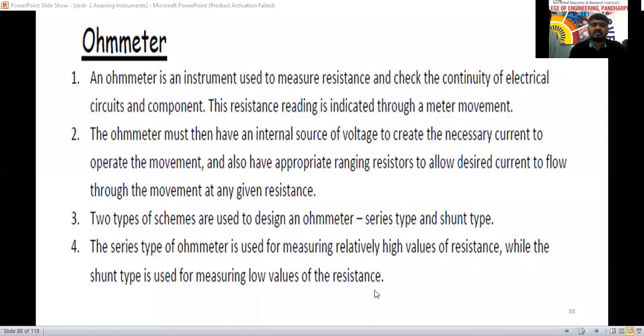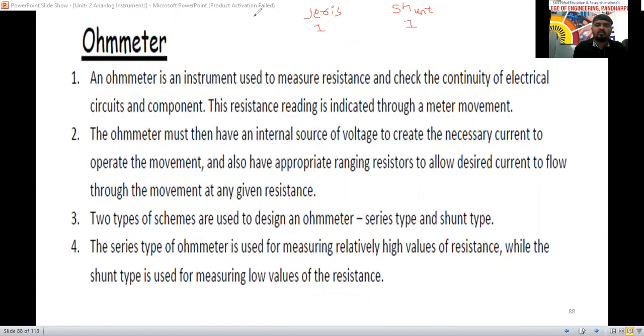In the previous class, we discussed, I don't know how many of you remember, that based on the current measurement, the instrument full scale deflection is the current flowing through the circuit, and from that we identify the resistance.